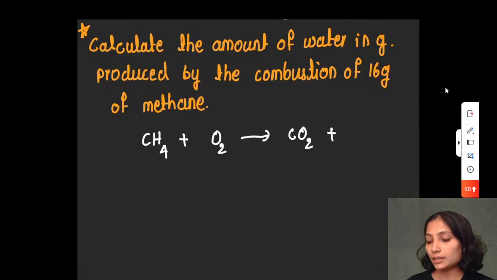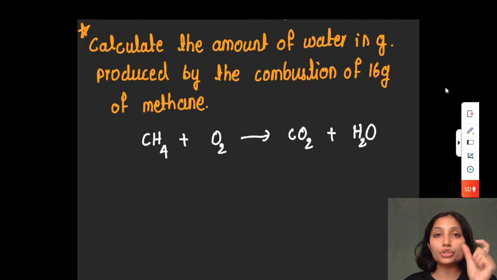CO2 plus H2O. And I told you always we have to write a balanced equation. We have to balance the stoichiometric coefficients first. Balance the equation. While balancing, what do we get? CH4 plus 2O2 gives CO2 plus 2H2O. Now the reaction is balanced.